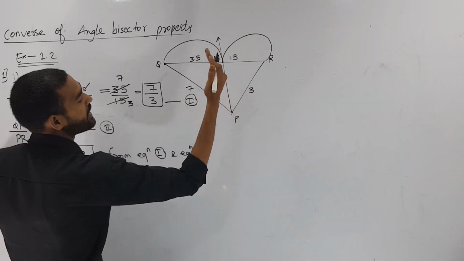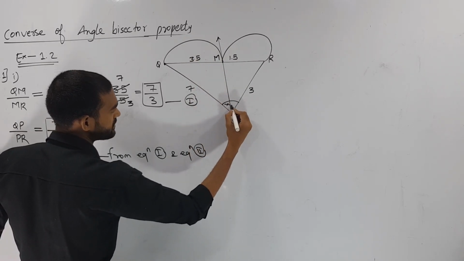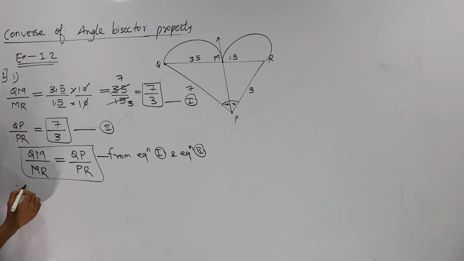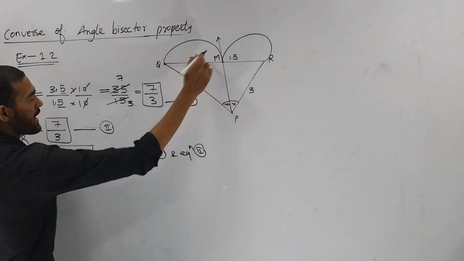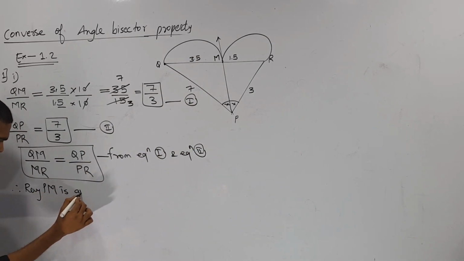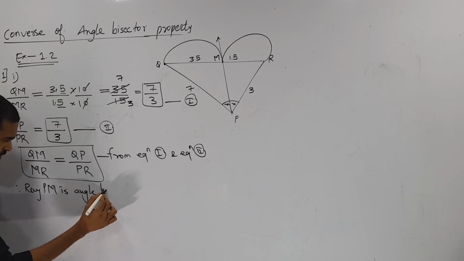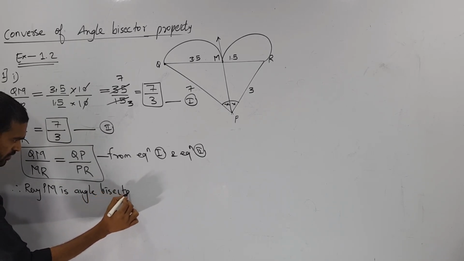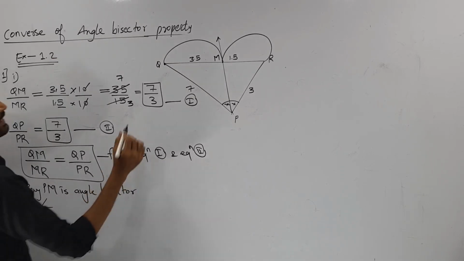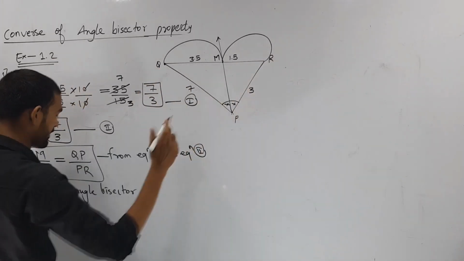So we'll write, therefore, ray PM is the angle bisector of angle QPR.